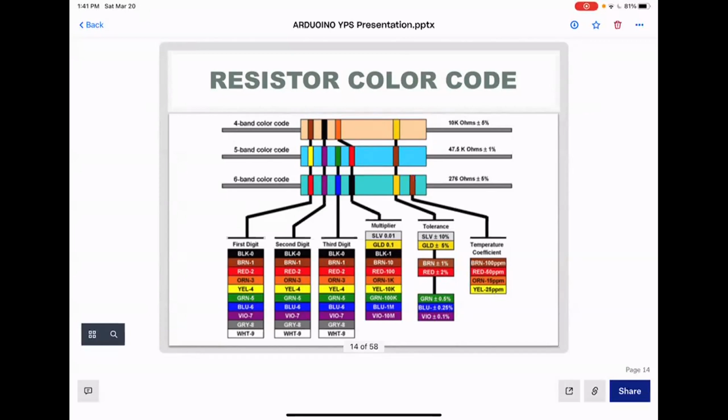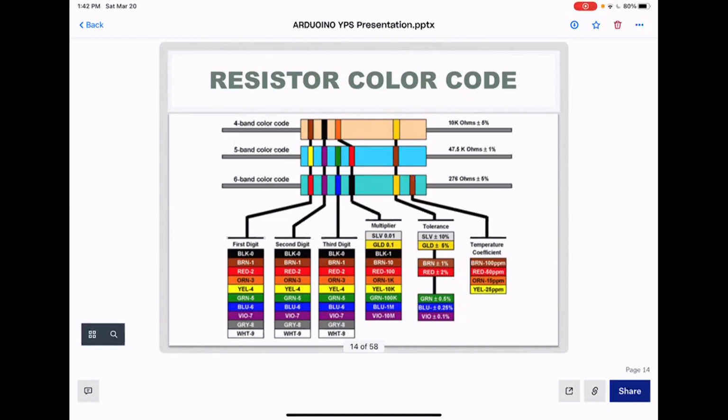You can see there are different bands, 4, 5, 6 bands, and each color represents a number. On the 5 band one, the yellow is 4, purple is 7, the green is 5, and the red one gets tricky. That's a multiplier, which means you multiply by 100. The last band is usually the tolerance, which means it can be plus or minus; this time it's brown, 1%.